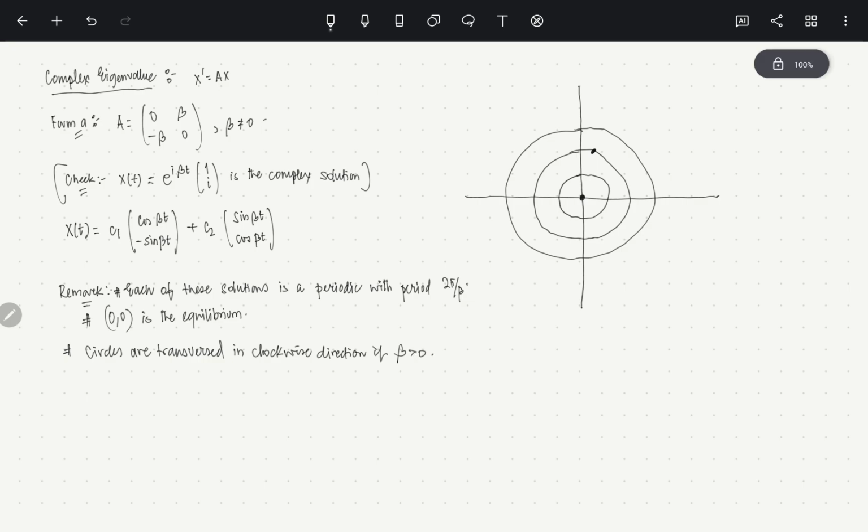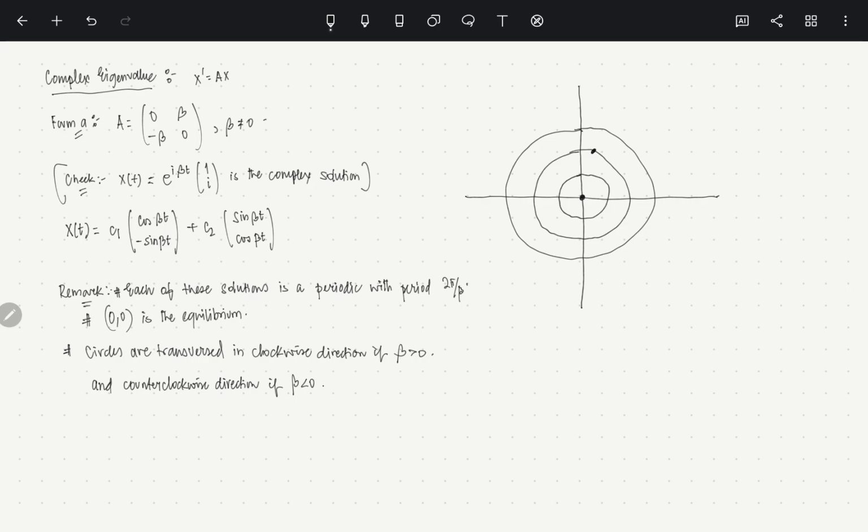I hope this is clear. I will explain to you why this is. And in a counterclockwise direction if beta is negative. Is it okay? Now, why is it true? You can just take one example and see. You don't have to worry about everything, because after a change of variables, it's basically the same thing. So it's essentially a circle.